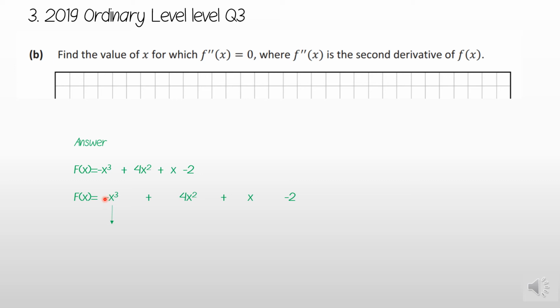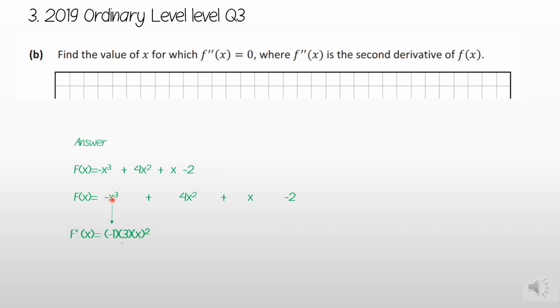In this case it will be -1, for this one it will be 4, for that one it will be 1, and for this one it will be -2. So we are constructing f dash now, differentiating this function.